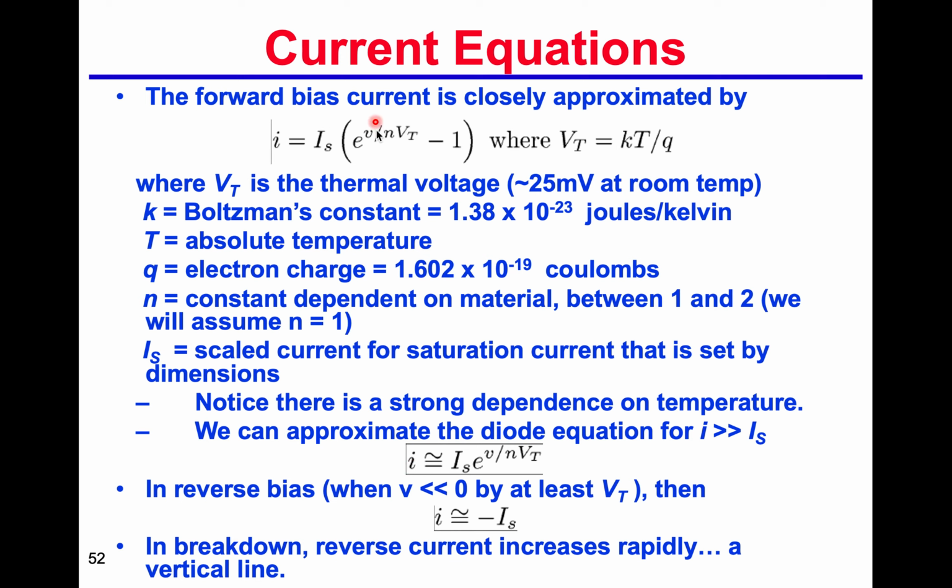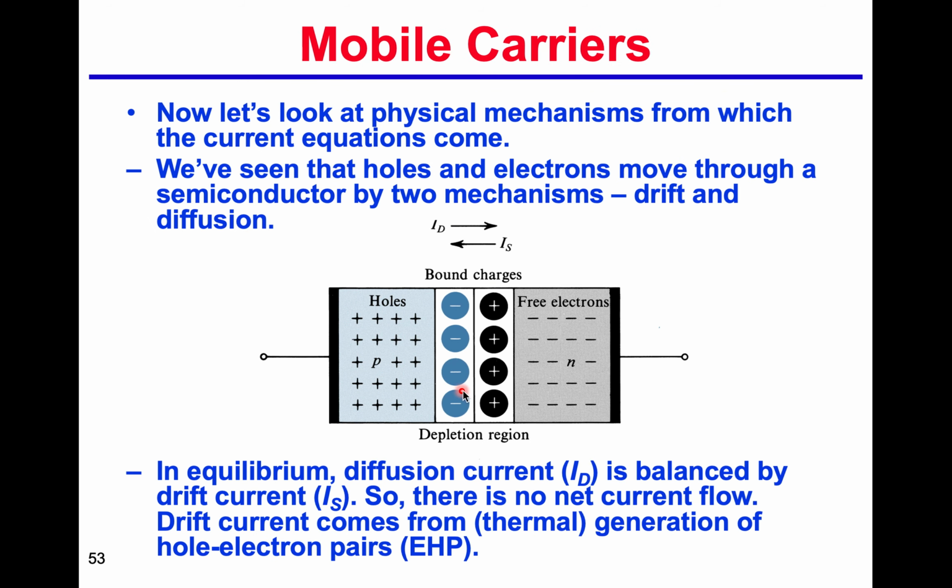And for the reverse bias, when V is less than 0, the current is approximately IS. It's called the saturation current, and it's a very low level. It's a constant.